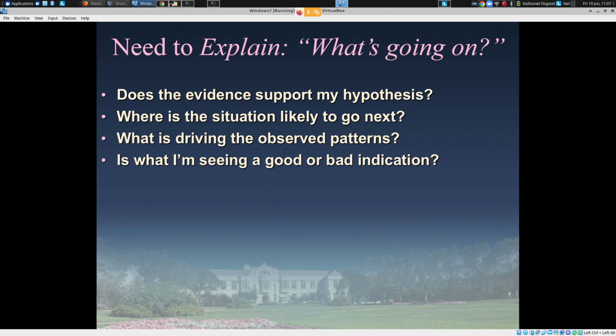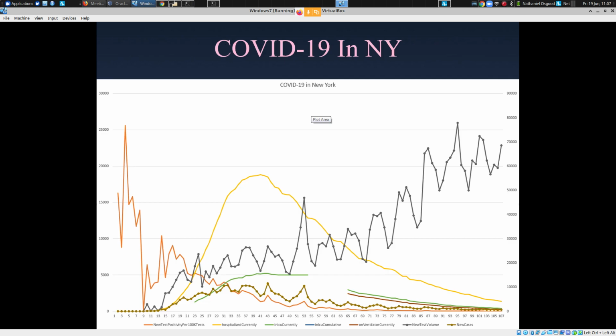Asking, what is this data telling us? Why are we seeing this rise of cases? Is it predominantly driven by new incidents or predominantly driven just by higher rates of testing? Where is it likely to go next? What's driving this? Is what I'm seeing a good or bad indication?